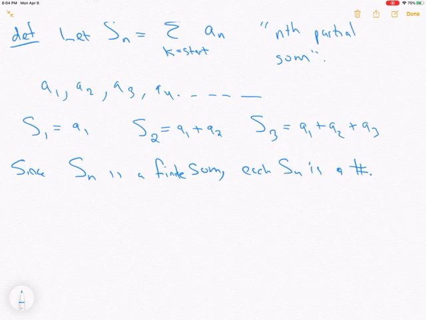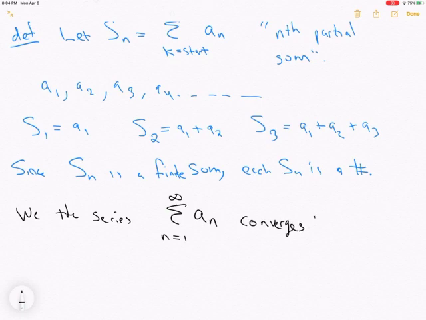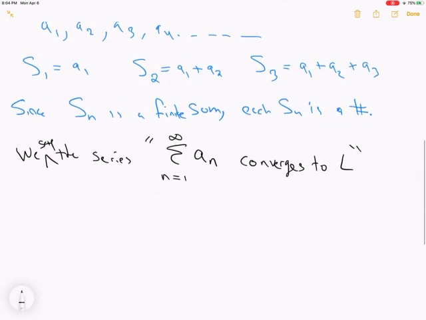So we say the series, summation n, we'll start from 1 to infinity, but it doesn't really matter where you start, of a sub n, we say the series converges to L if we take the limit as n goes to infinity of these partial sums.